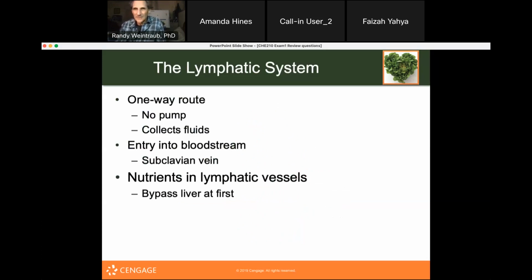It also collects excess fluids that need to be eventually filtered to excrete waste products and things. But for the fat-soluble nutrients, they're made into chylomicrons and eventually then put out into the bloodstream.